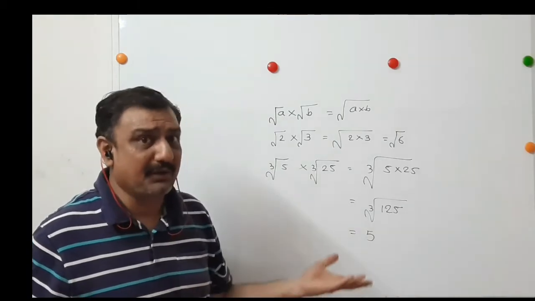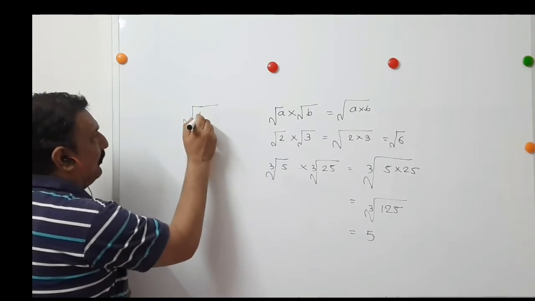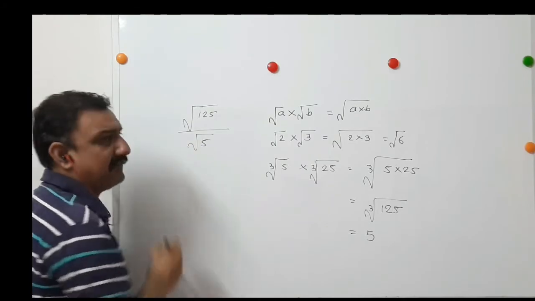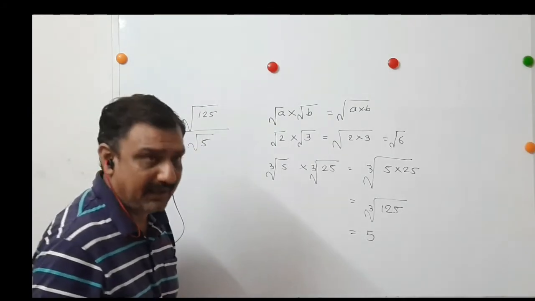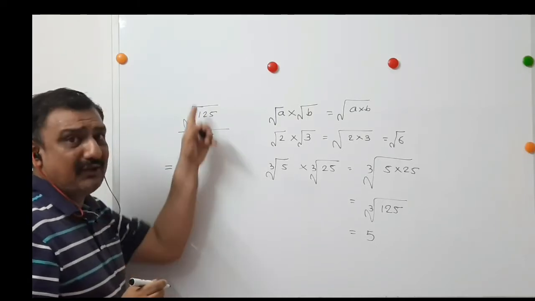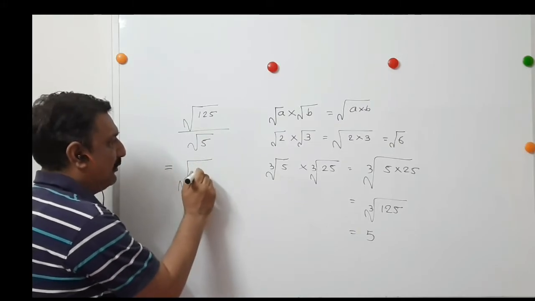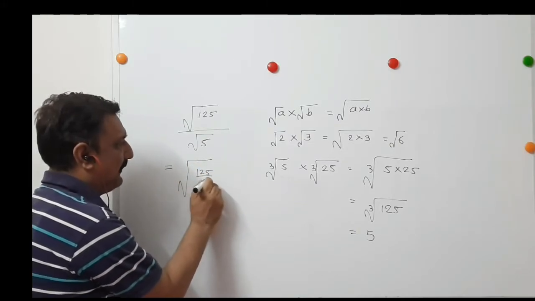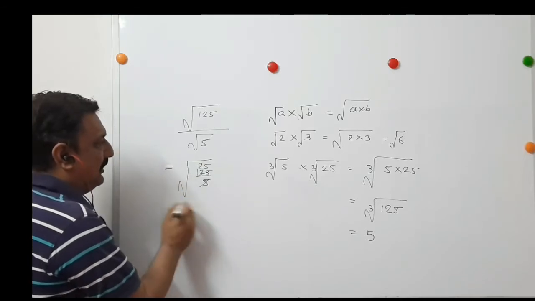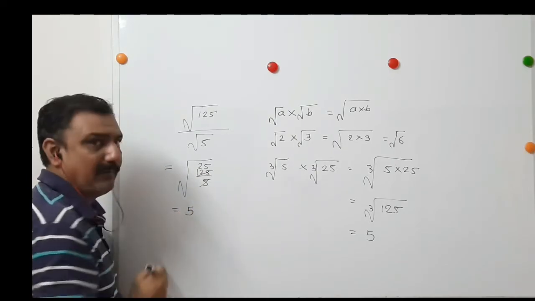The same rule also applies to division. Suppose square root of 125 divided by square root of 5 is given to you. Here both the values have the same root, so you can put whole square root of 125 by 5. 5 twenty-fives are 125, and you know that square root of 25 is 5.